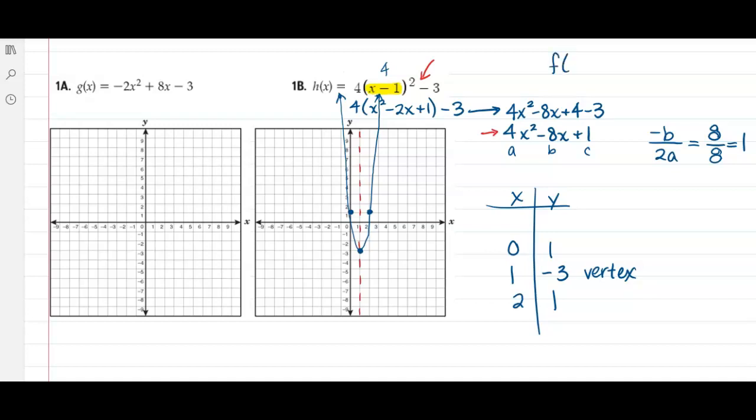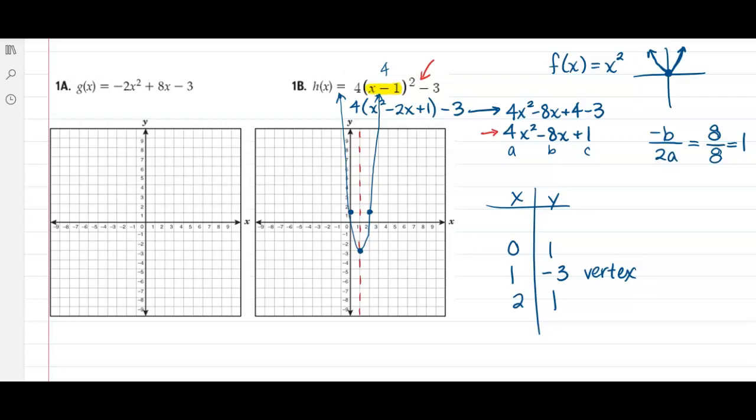Our parent function is f of x equals x squared, and when we graph that, it's a quadratic that looks like this, where 0, 0 is the vertex. This tells me that the vertex has gone 1 unit to the right and 3 units down. And sure enough, that's where the vertex landed.